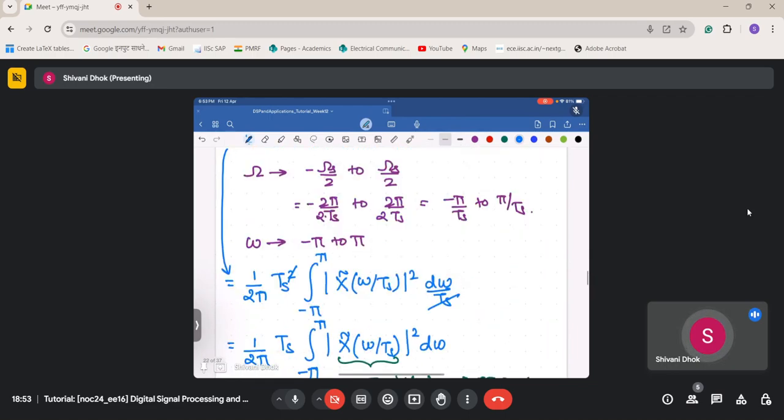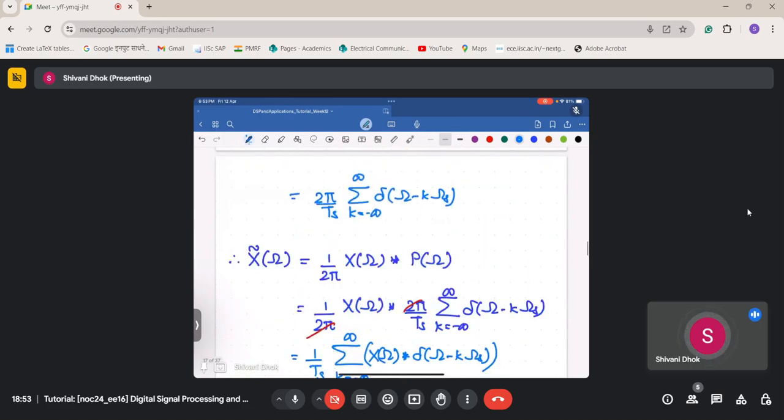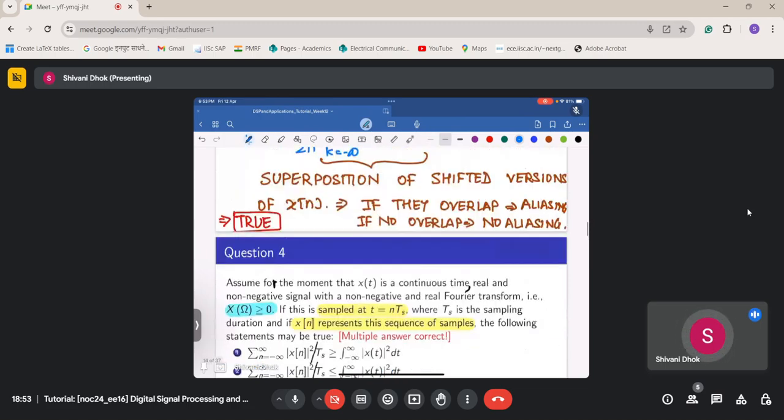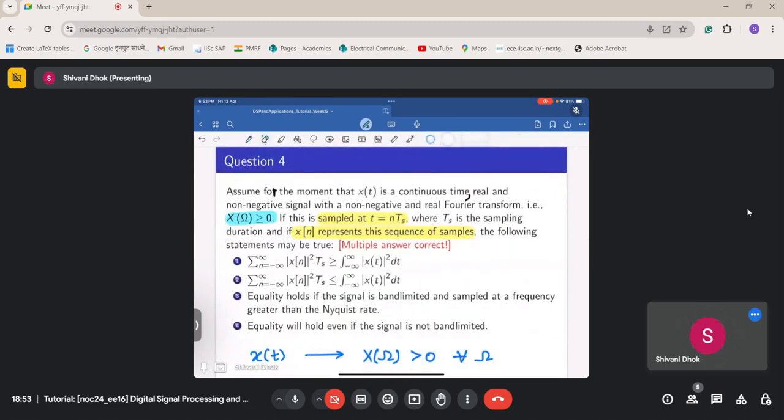So this is the first relation that we have obtained. Yeah, I had written this correct earlier. So this is the first option that is correct.